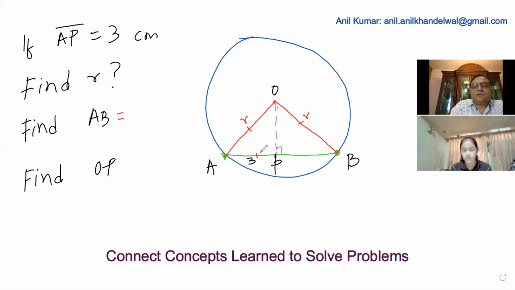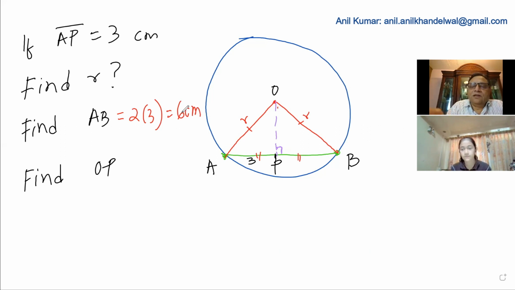So you are saying these will be the same, so A to B is 2 times 3, which is 6 centimeters. Correct. Now let me give you one more value here, at O. So we know this 6 centimeters. Very good.